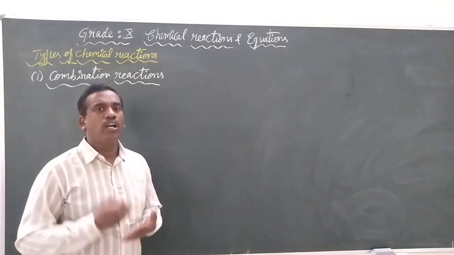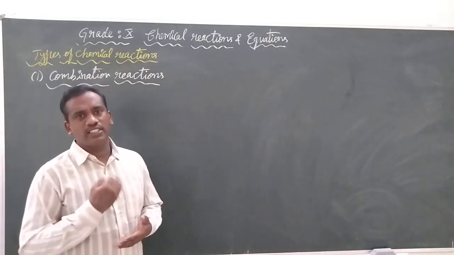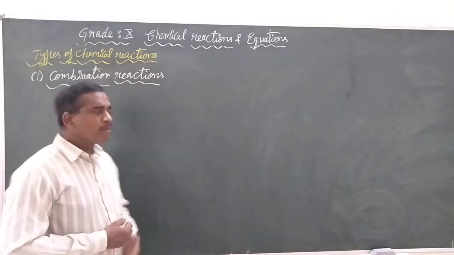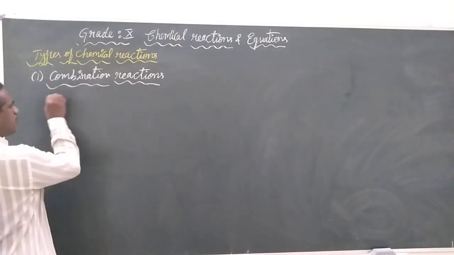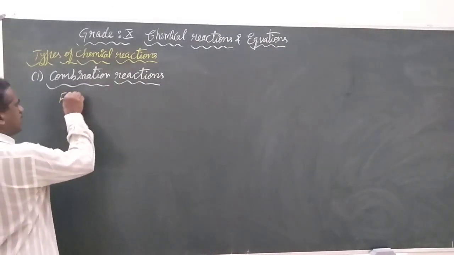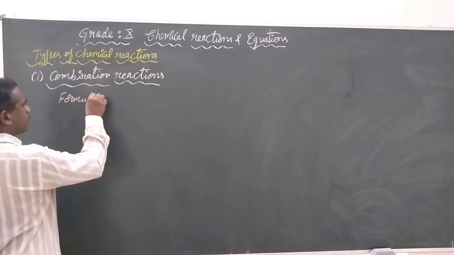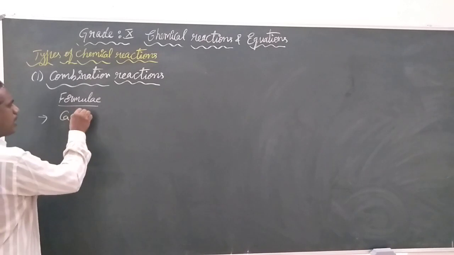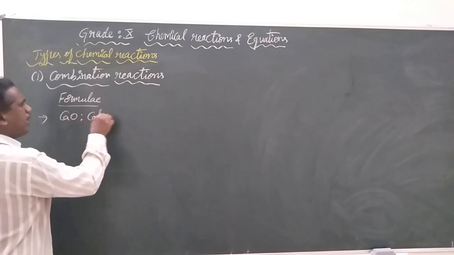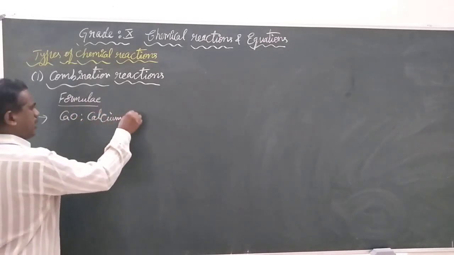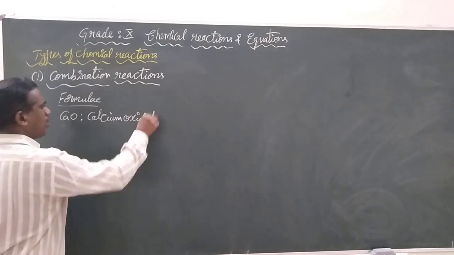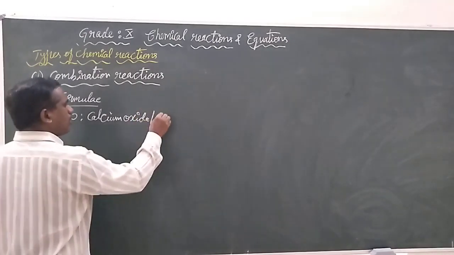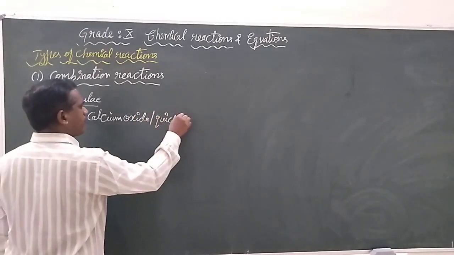Let us get some formulas first, then we will continue with this one. The first formula that we are studying here is CaO. Chemically it is called calcium oxide, or quicklime.